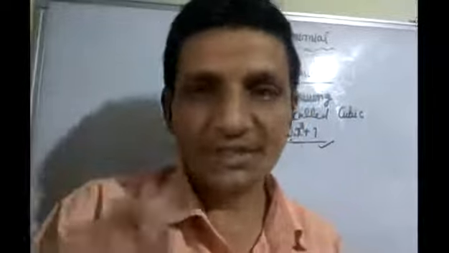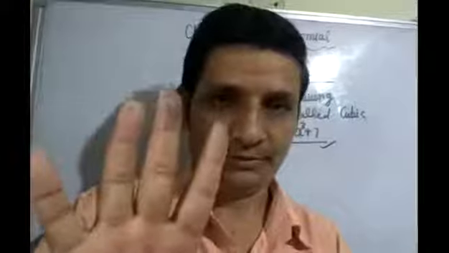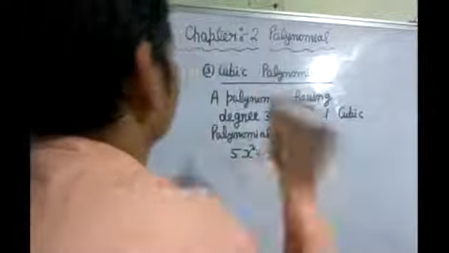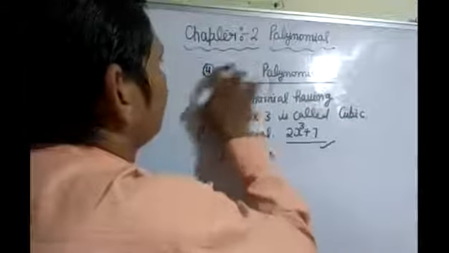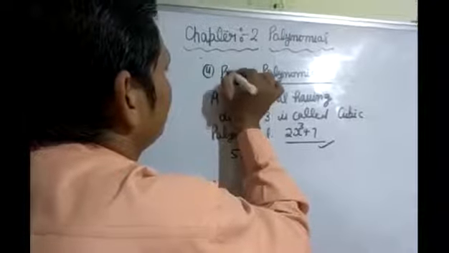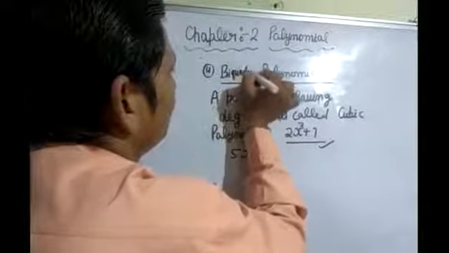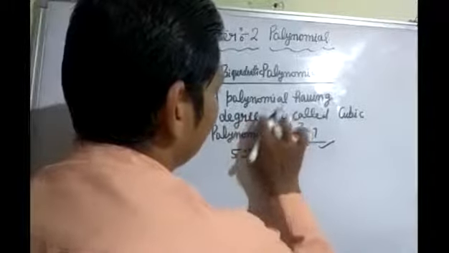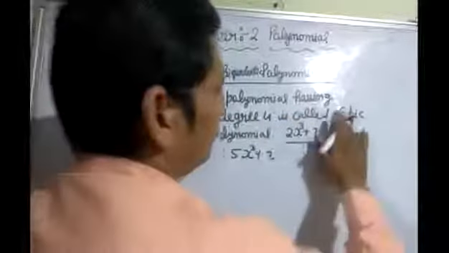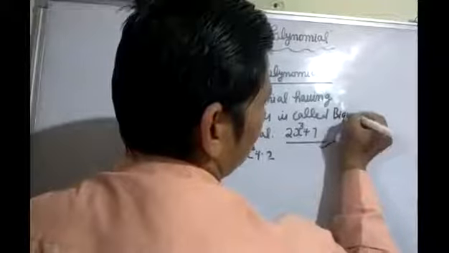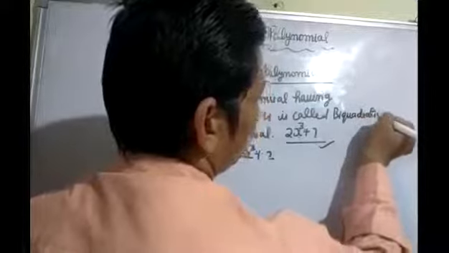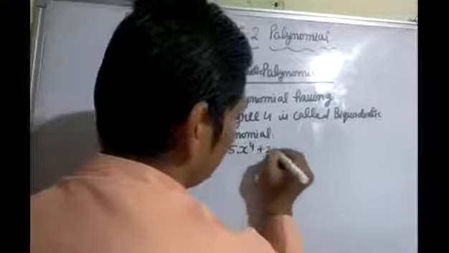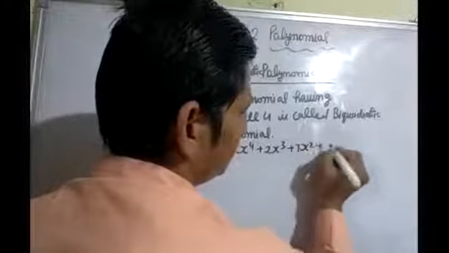Number 4 is biquadratic polynomial. A polynomial of degree 4 is called biquadratic polynomial. For example, 5x⁴ + 2x³ + 7x² + 7.